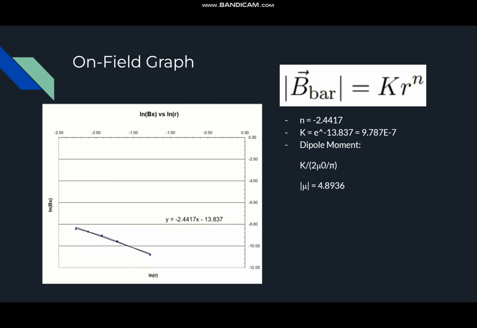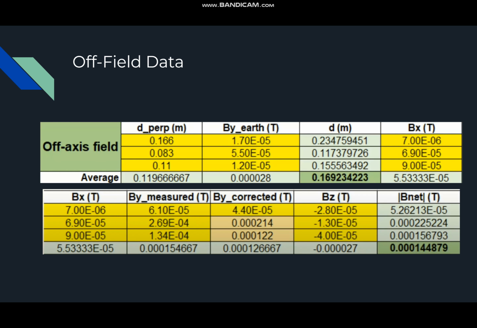Basically from this graph and using that equation in the beginning, I've got that n is equal to negative 2.4417, k being equal to e to the negative 13.837, which is that constant, which is 9.787 times 10 to the negative 7. And using those two, I calculated the dipole moment, or the magnitude of my mu, to equal 4.8936.